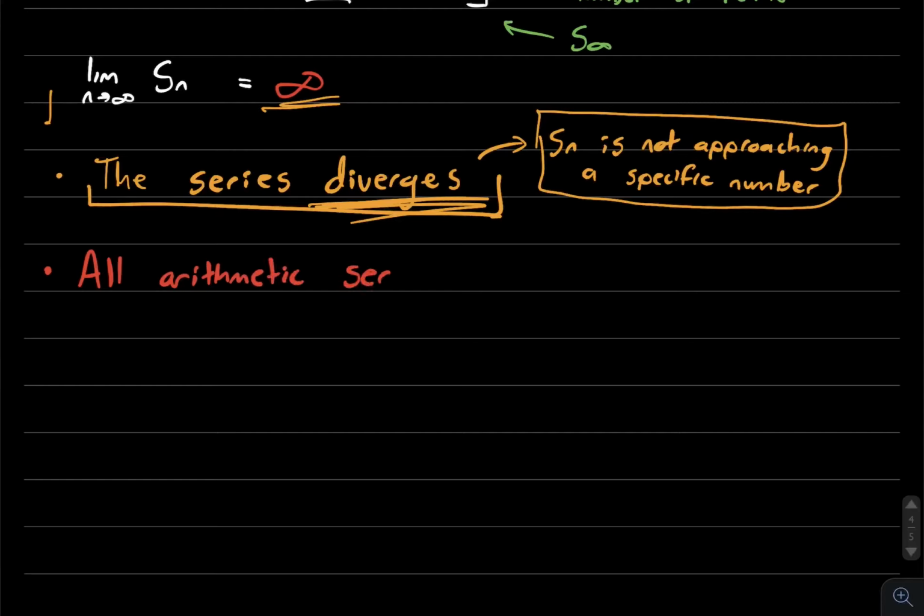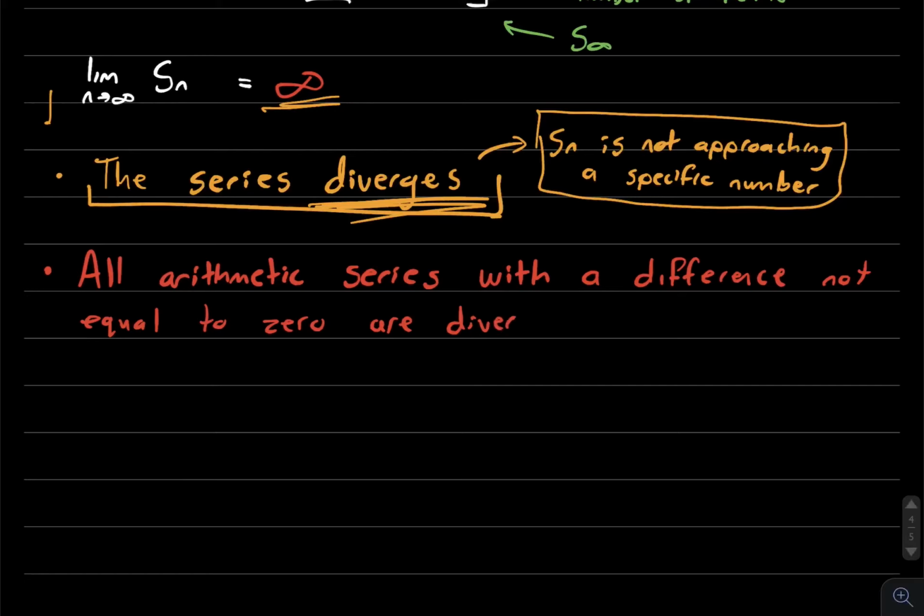All arithmetic series with a difference not equal to 0 are divergent. That means that they all diverge.